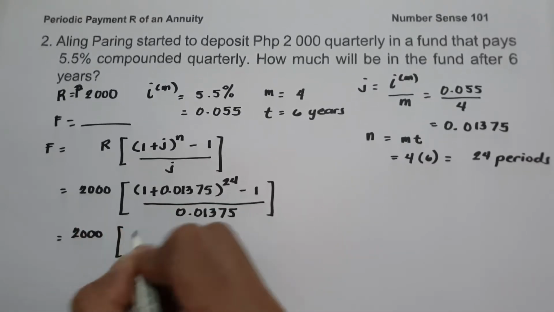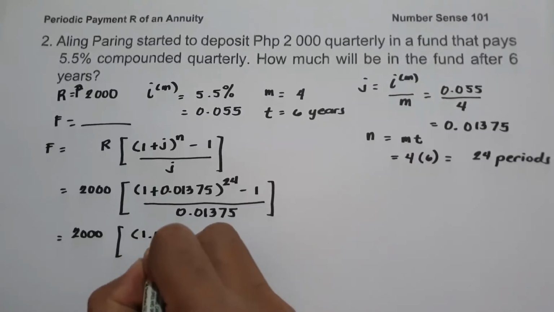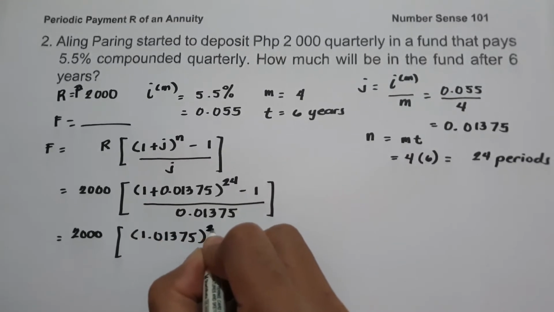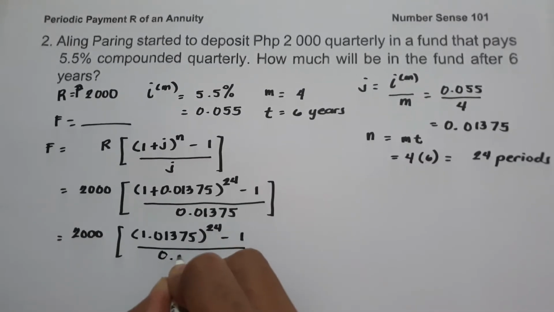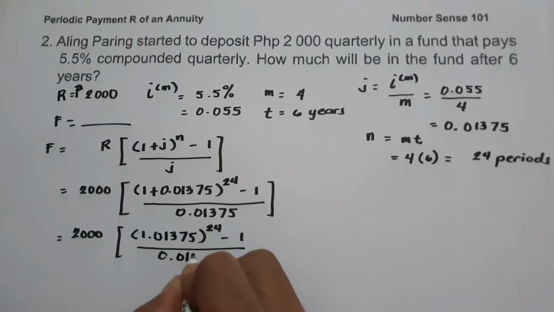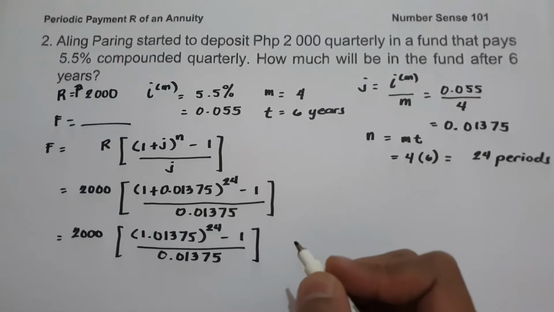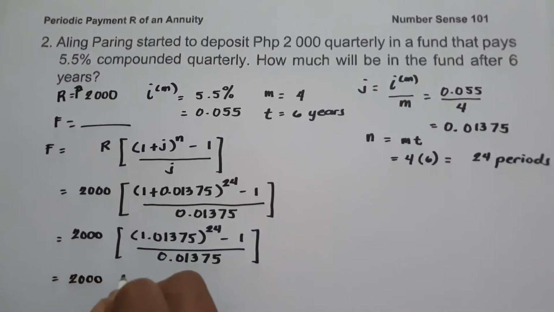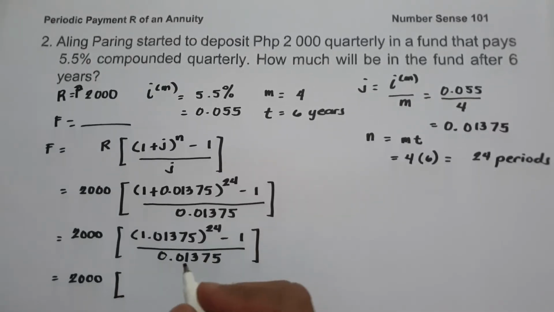So let us write 2,000, and then let us add this one. It will give us 1.01375 raised to 24 minus 1 all over 0.01375. Then, let us have 2,000, and then we have 1.01375 raised to 24.